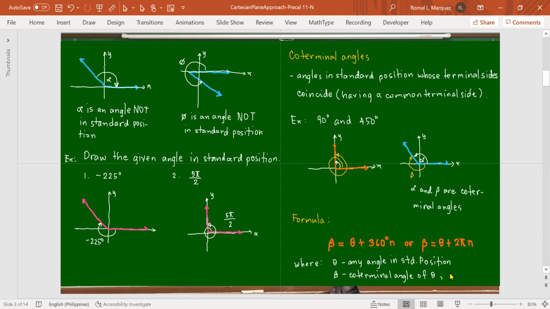And what about n? What can we say about n? It is equal to plus or minus 1, plus or minus 2, and so on. Now, some books include 0, but if it is 0, beta is just the same as theta. So if you want your coterminal different from theta, you have either plus or minus 1, plus or minus 2, plus or minus 3 for n.